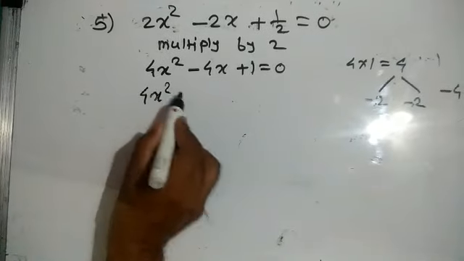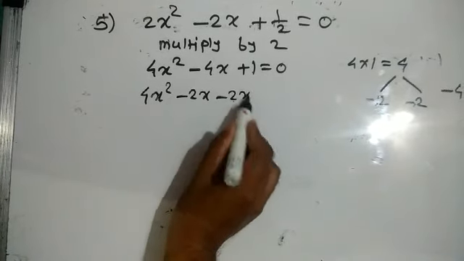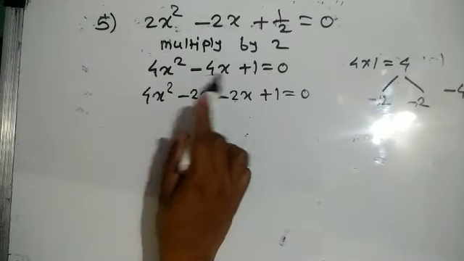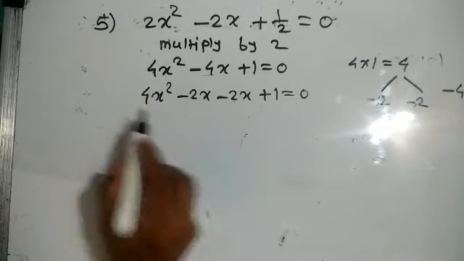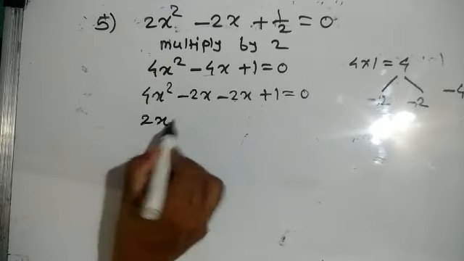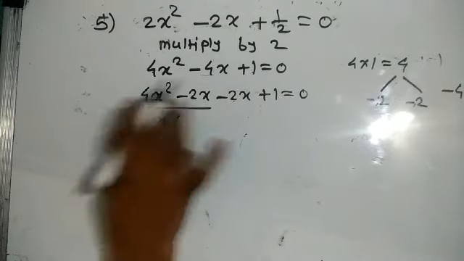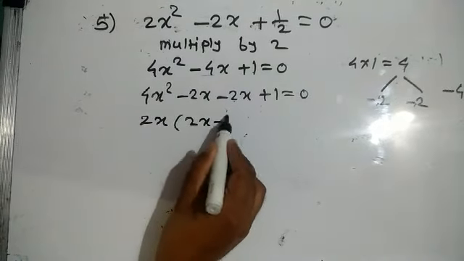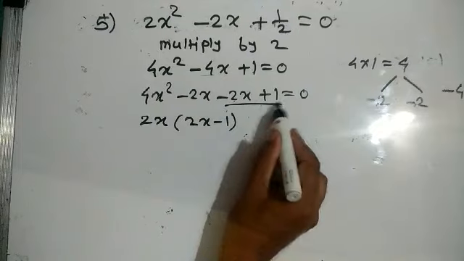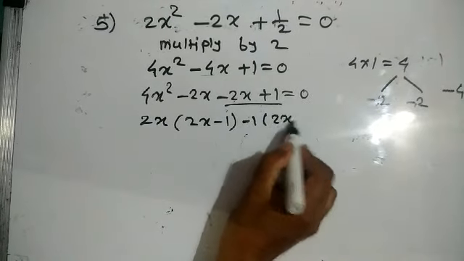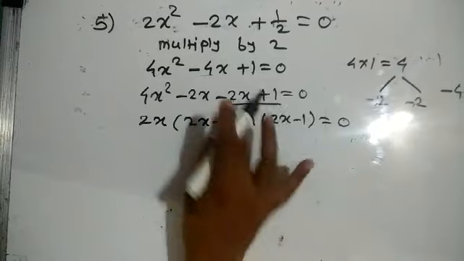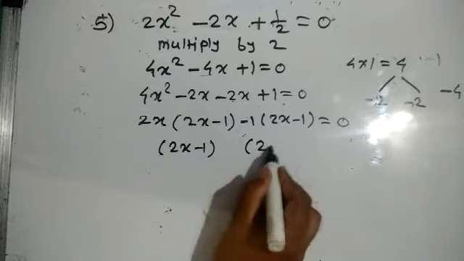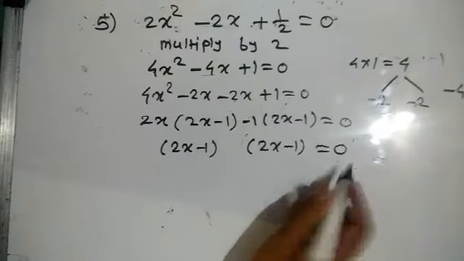Therefore, 4x square minus 2x minus 2x plus 1 is equal to 0. That is, we split this minus 4x as minus 2x minus 2x. Take 2x as common from the first two terms, 2x minus 1. Here take minus 1 as common, 2x minus 1 is equal to 0. Therefore, in one bracket 2x minus 1, in another bracket 2x minus 1 is equal to 0.